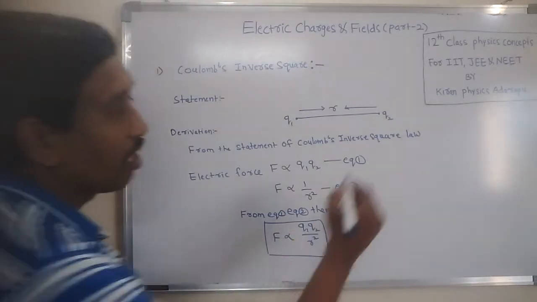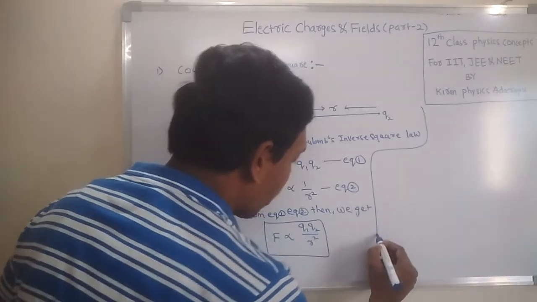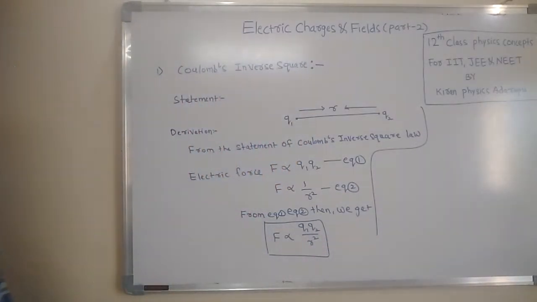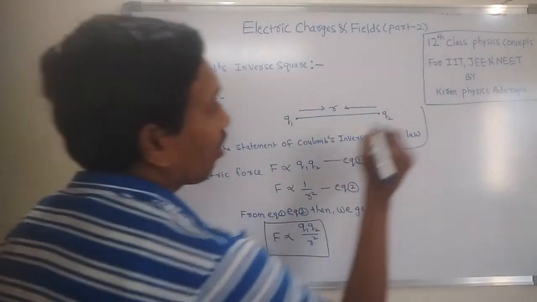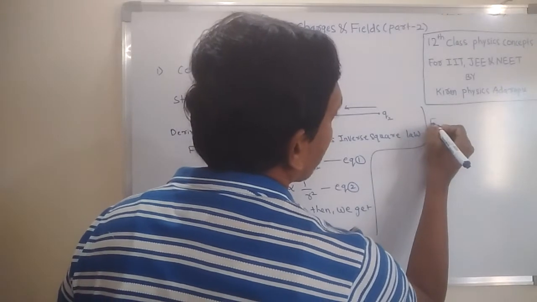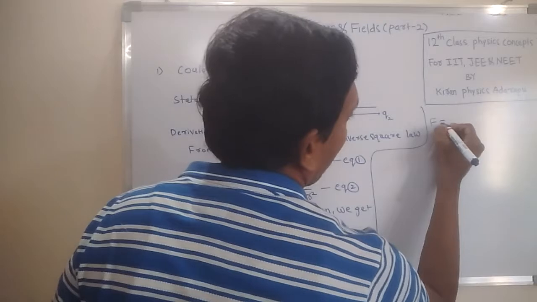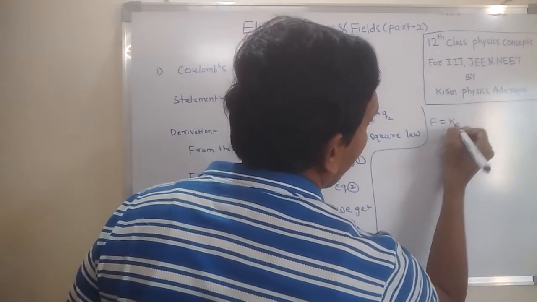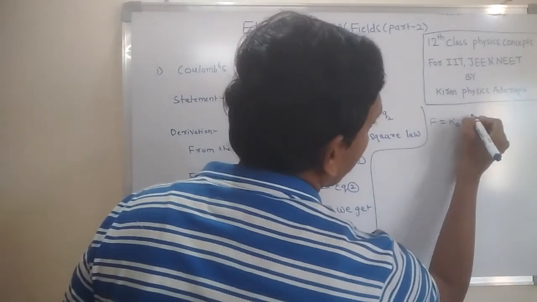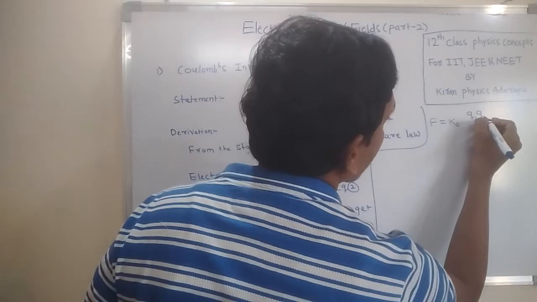Now listen carefully. When you remove this proportional sign, always introduce one constant. Here also I introduce one constant: F is equal to some constant, indicated by K naught, into Q1 Q2 by R square.